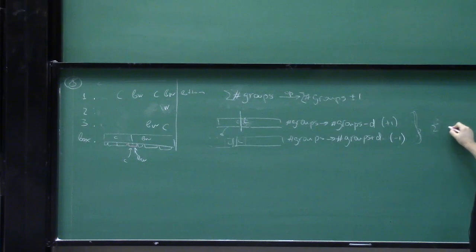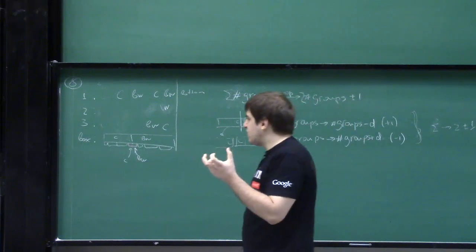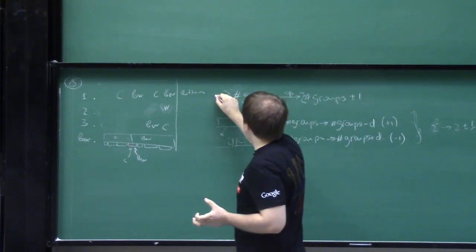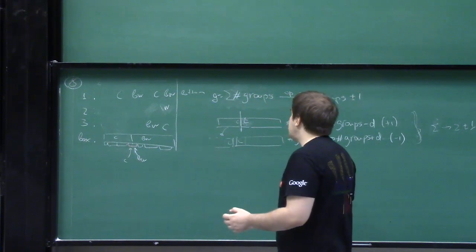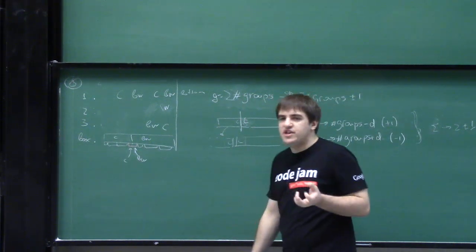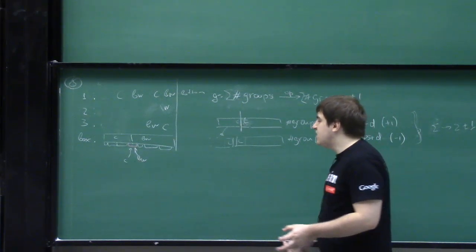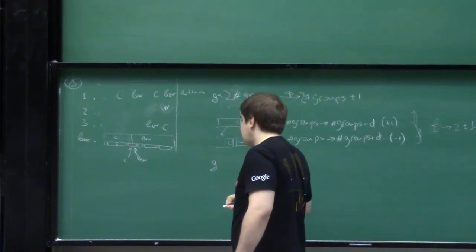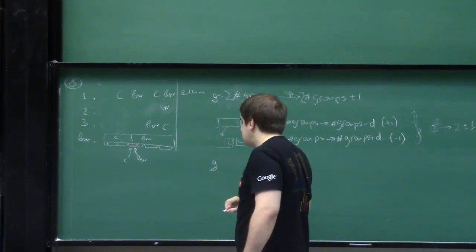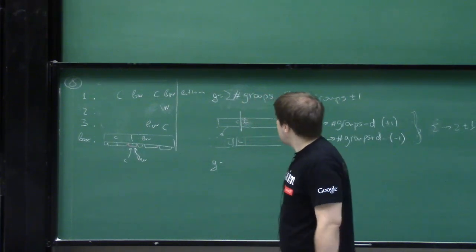So the sum changes by the sum ±1. That means that if you had, let's say, G groups originally, you cannot put all of them into your box in less than how many terms?